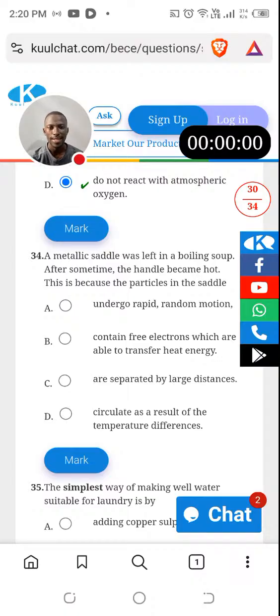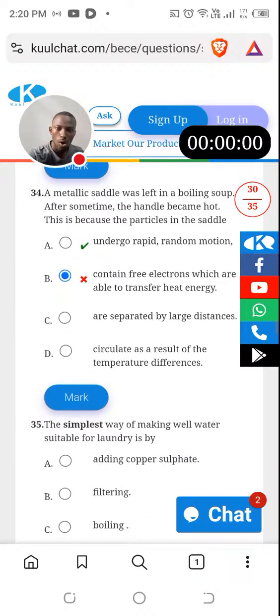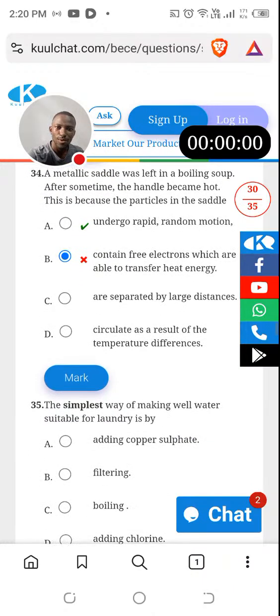A metallic ladle was left in a boiling soup. After some time, the handle becomes hot. This is because the particles in the ladle undergo rapid random motion. Contains free electrons which are able to transfer heat. Rapid motion. They undergo rapid motion.